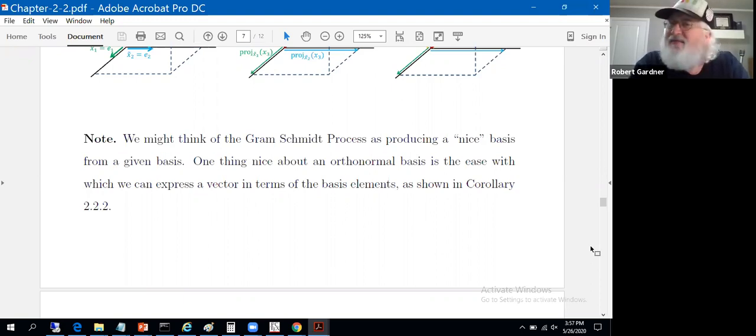Something you may have done in sophomore DEs, probably not, because it requires linear algebra. If you had an undergraduate applied math class, you would have covered those kinds of ideas. But there's multiple settings in which you would want to apply this Gram-Schmidt process.